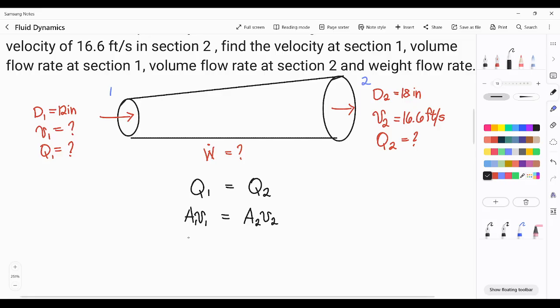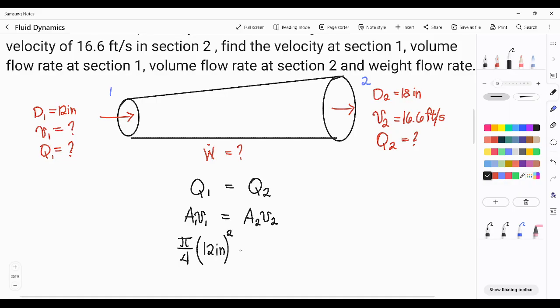So, basically, the area here is a circle, and the area on section 2 is a circle as well. So, our formula for the area is simply pi over 4 times the diameter squared. Let's convert that to feet. So, divide that by 12 to make it feet. Oh, we actually don't need to, because it will just cancel out, right? 12 inches is the first diameter, the smaller one.